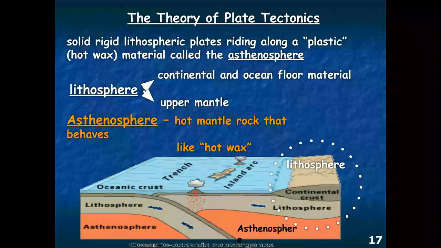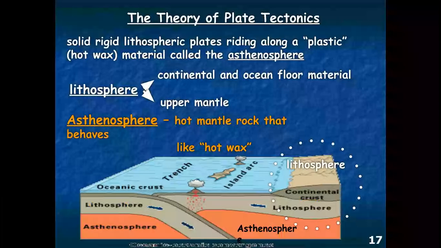So let's take a look then at just a model that represents plate tectonics. This is just a simple introduction model that really shows that the Earth's surface is composed of these solid, rigid lithospheric plates. They're very thin. We pointed out numerous examples on how thin the lithosphere is by giving an analogy of a hard-boiled egg, and typically the lithosphere is about the thickness of the shell of the hard-boiled egg.